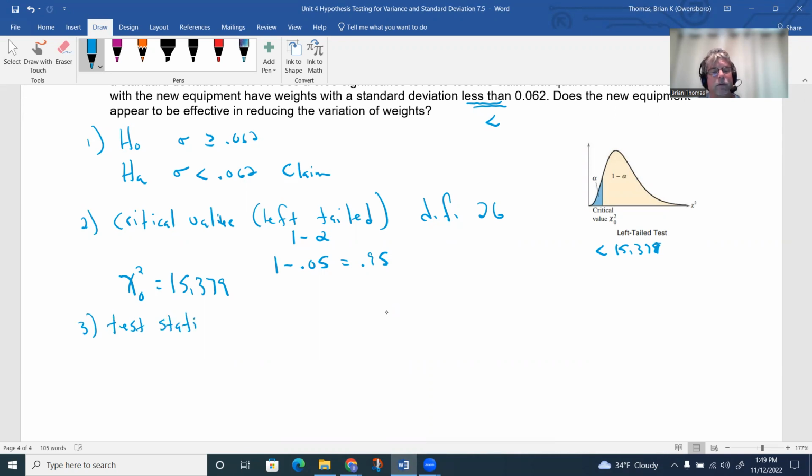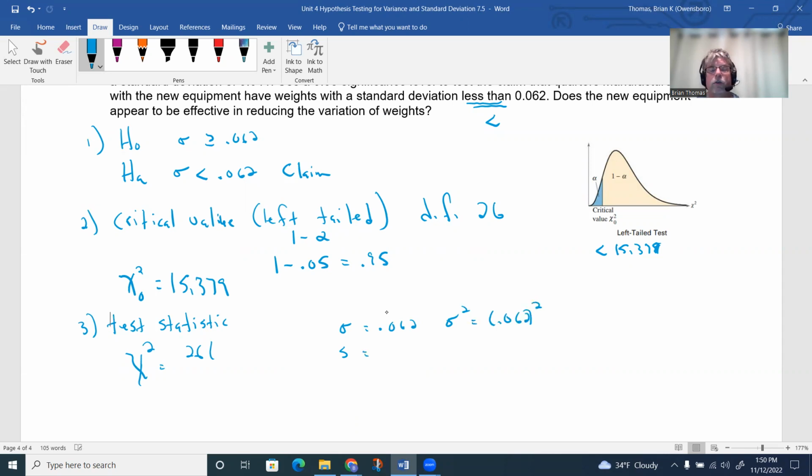We have to compare it to see if it actually falls in the reject region or not. To find the test statistic, we have to have our degrees of freedom, which is 26, times S squared. Notice how we had sigma and S. Sigma is 0.062, our standard deviation, so sigma squared is 0.062 squared.